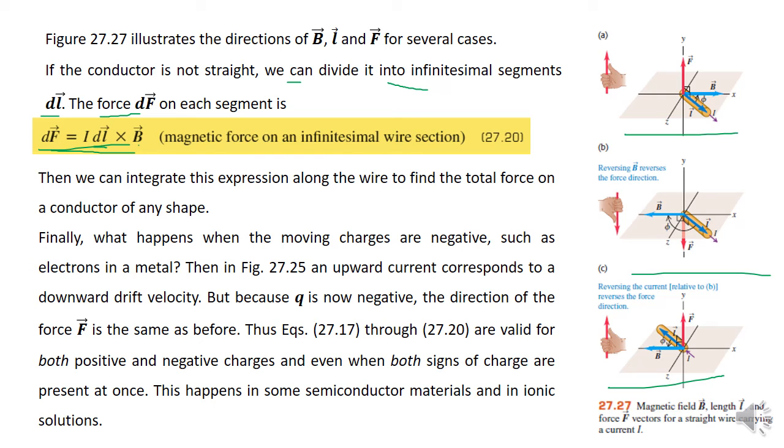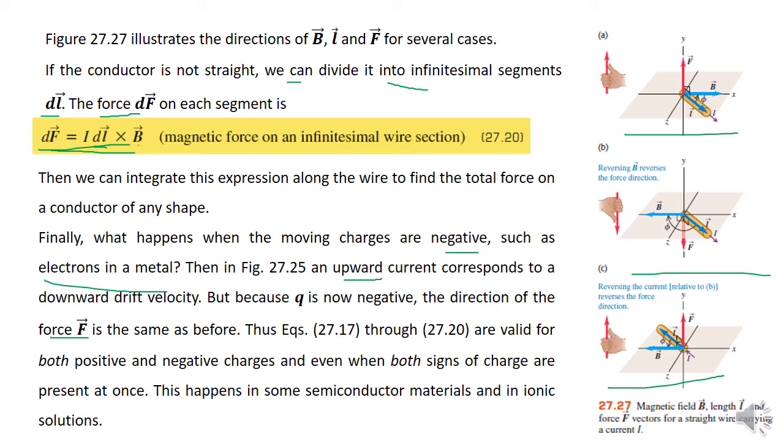In the beginning we assumed that the conductor has positive charges. So what happens when the conductor has negative charges, such as electrons in a metal? In our situation the positive charges were moving in the upward direction. When the charge is negative, the direction of the current will be downward, and the force will be the same as for positive charges.